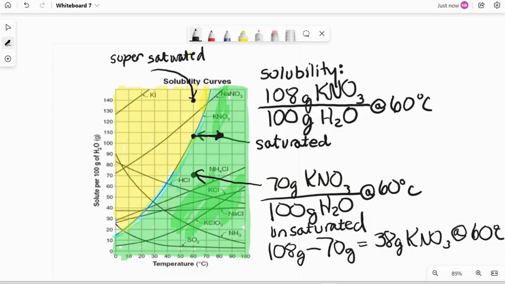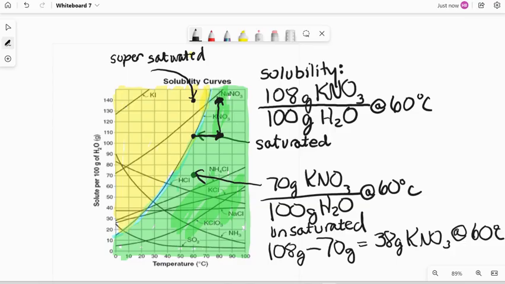Once I heat it up to 80 degrees Celsius, now I can add more solid in there and it will dissolve. I'm going to add the 140 grams and it's going to be an unsaturated solution right now. I have a solution with 100 grams of water and 140 grams of KNO3 at 80 degrees Celsius.